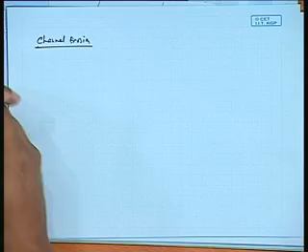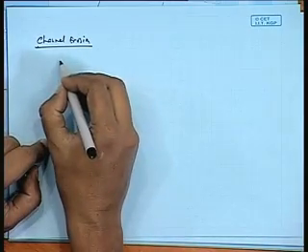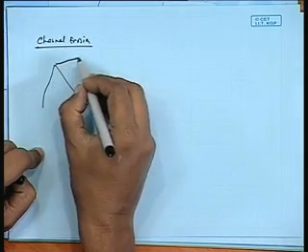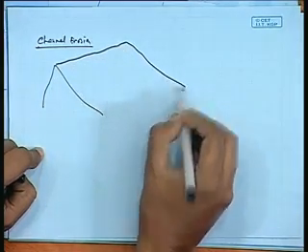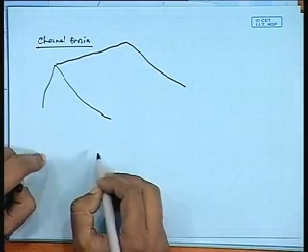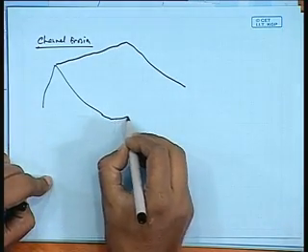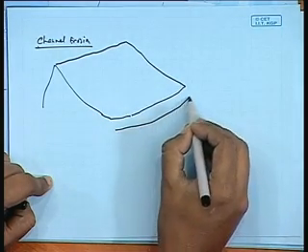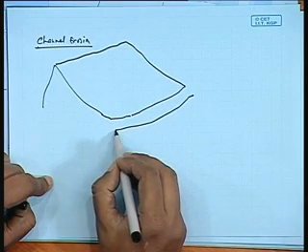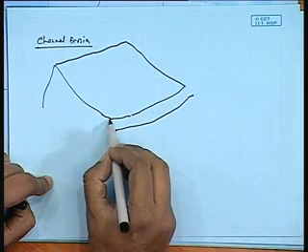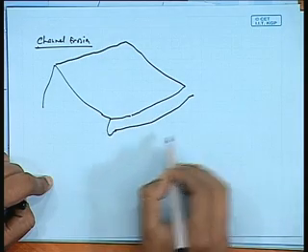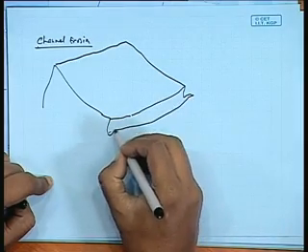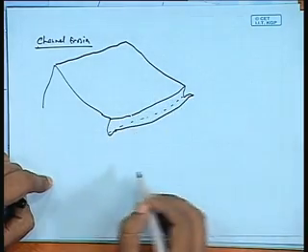What we observe is a surface of soil like this, and say this is a natural drain going out like this.